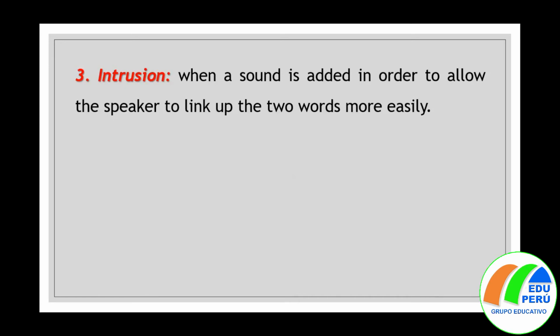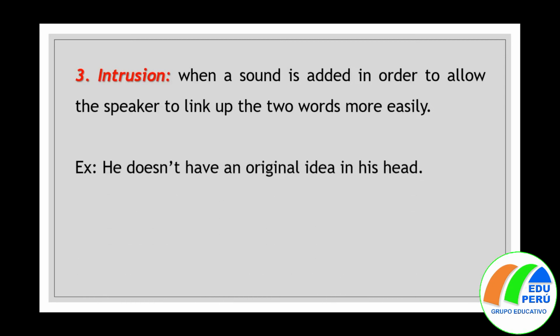Cuando hablo de elisión es omitir, quitar. Hablo de asimilación, cambiar un sonido por otro. Y hablo de intrusión, añadir. So you're going to add sounds to link. Voy a añadir un sonido para unir otros sonidos. So you're going to link up the two words more easily.